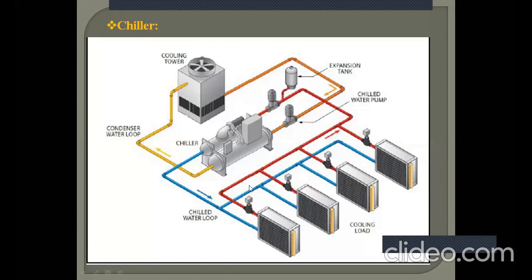The chilled water is used to take the load from your refrigerated space. Cooling towers are also there. The cooling towers are used to cool the fluid which is used for cooling the refrigerant in the condenser, as shown here. So this is the complete chiller package, and one single loop of the chiller is shown here.